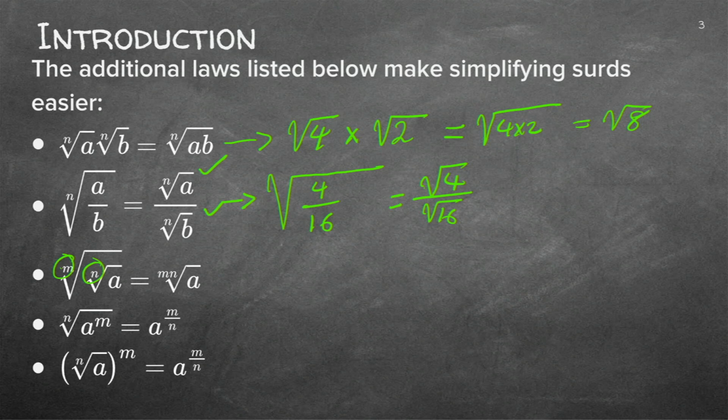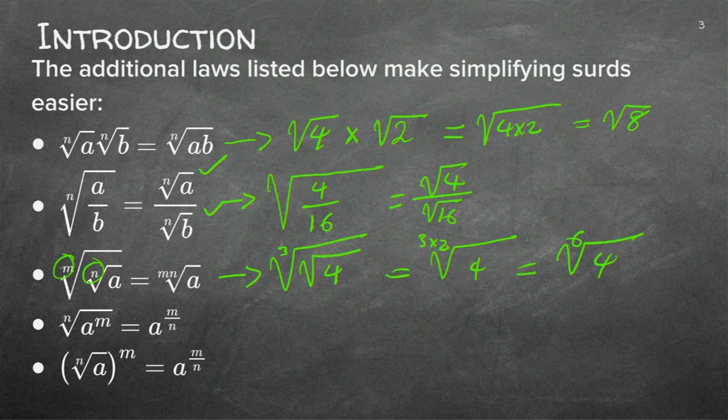So if I have, for example, the cube root and also the square root of 4, it simply means I can say this is one root, but of 3 times 2, so this will be the 6th root of 4. You just simply multiply what these two values mean.